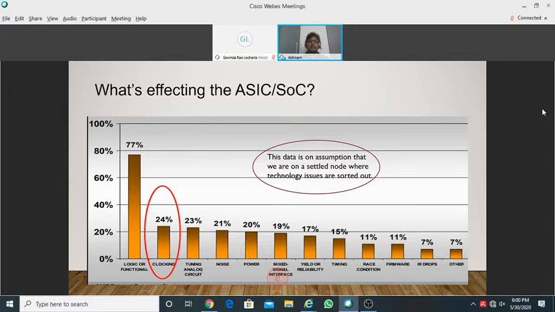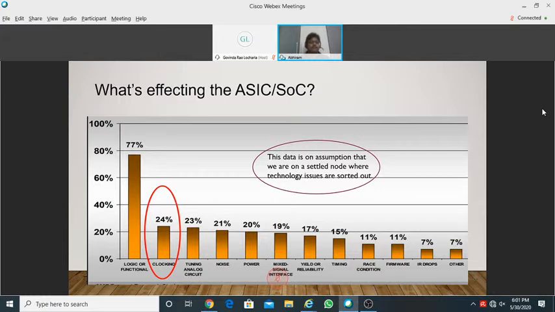Its data may not be 100% relevant, but the numbers are really effective to explain the effect. Of all the chips that have not been working, most, around 77%, have failed because of logic or functional bugs, where the specified output has not been clearly met. So that is where 77% of the failures have been classified.